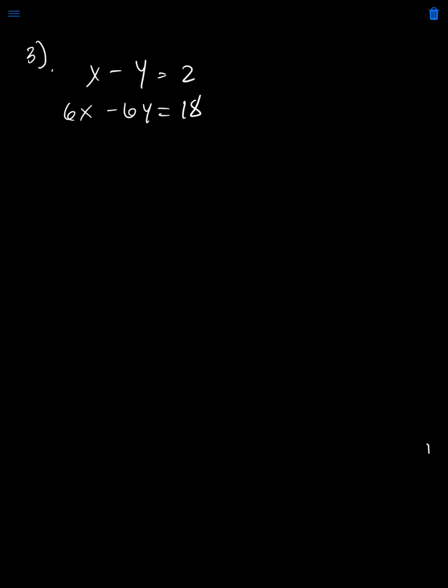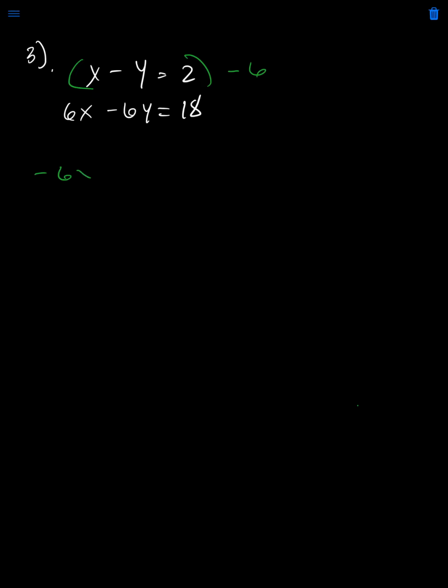When they say elimination, that means they want us to cancel out either x or y. So I'm going to multiply everything by positive 6. No, I'll go ahead and multiply everything by negative 6 instead. Makes way more sense.